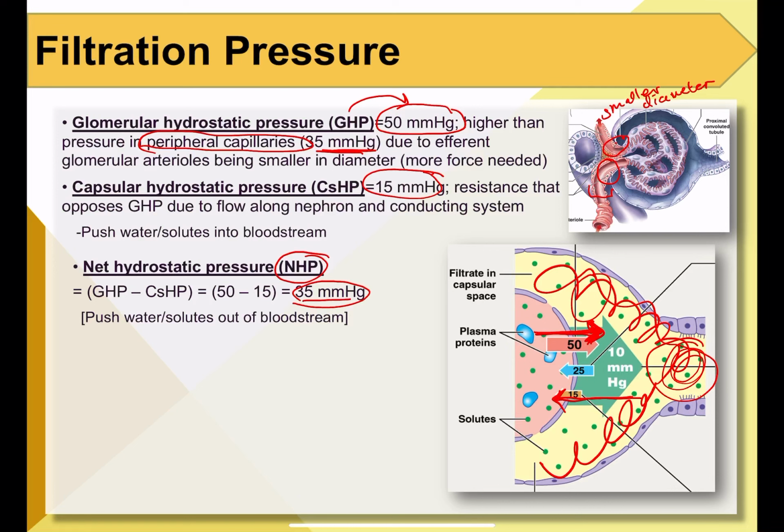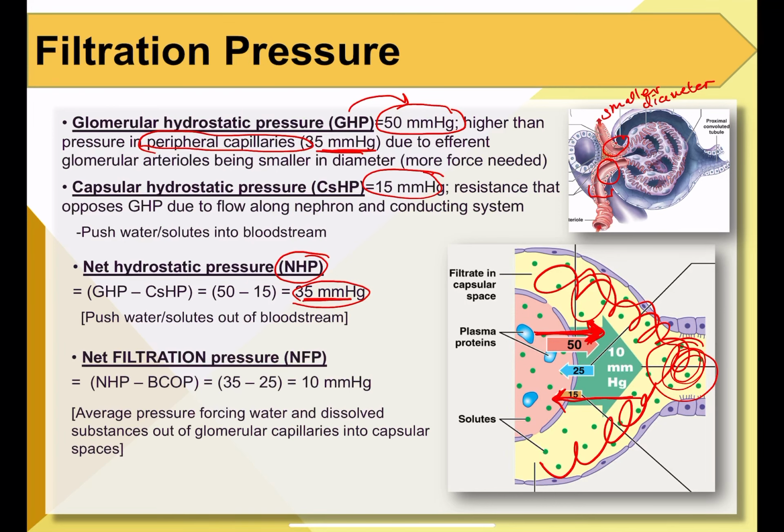And we're relying on this pressure to push water and solutes out of the bloodstream into your glomerulus, okay? Now, remember when we talked about filtration in capillaries, we had to calculate the net filtration pressure, NFP. NFP is the same formula as we have seen, but now instead of your CHP, we have your NHP within the glomerulus. To calculate this NHP, we use this formula, which accounts for what's pushing outwards into your renal tubule and the capsular hydrostatic pressure pushing this way.